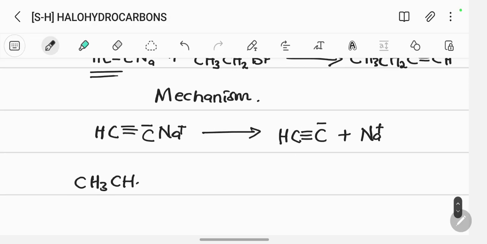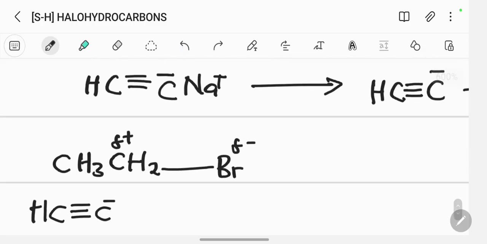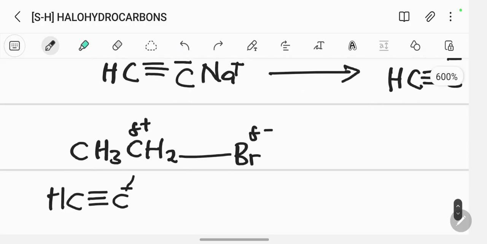Sodium acetylide is going to attack bromoethane, and we break off this bromide ion. So it's going to be CH3CH2, let me put the hydrogen behind C. So it attacks using that.